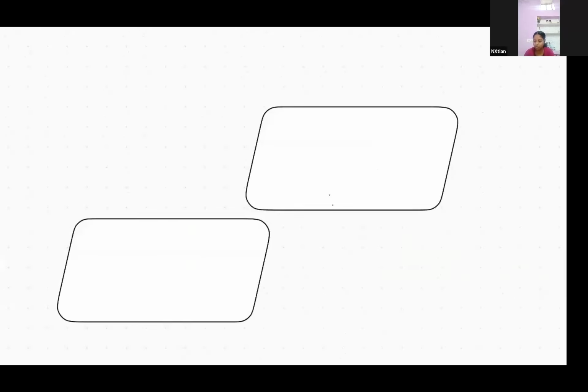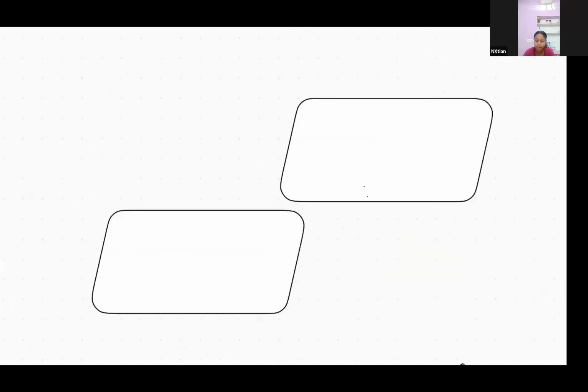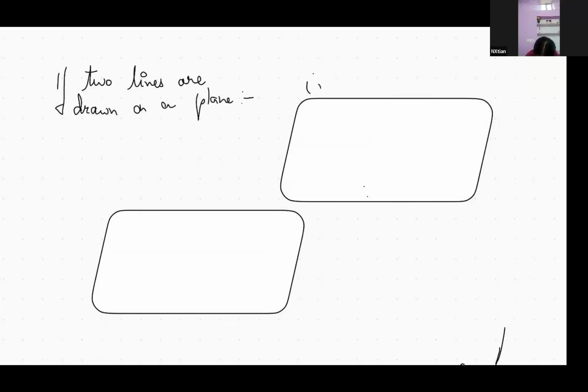So now, what happens? This is our plane. Okay. And two planes I'm having on my screen right now. Now, if two lines are drawn on a plane, this is the first case, this is the second one.